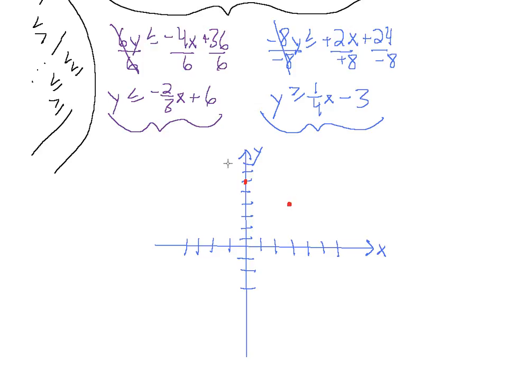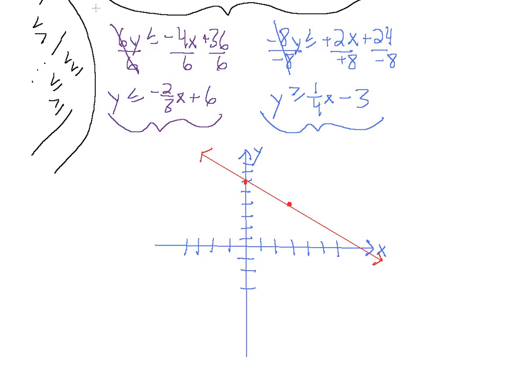All we have to do is connect these two dots with a line, and it looks something like that. It goes in the positive and negative direction infinitely, and is made with a solid line because we have a less than or equal to sign. So we have a solid line containing all the points on this line for our solution.